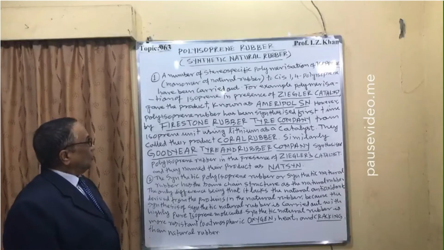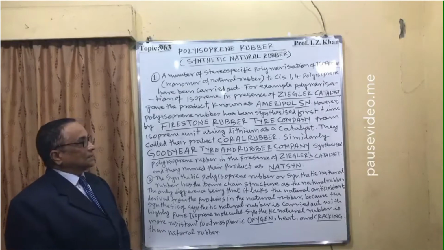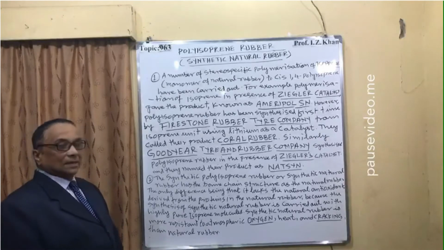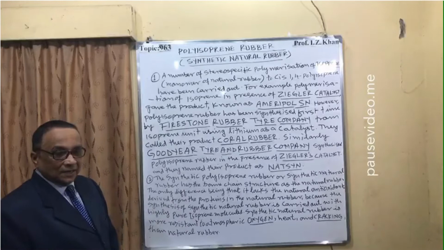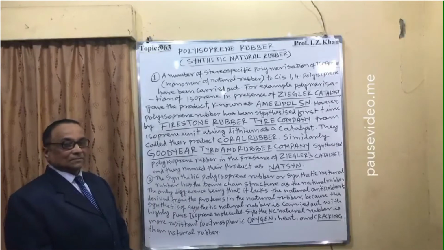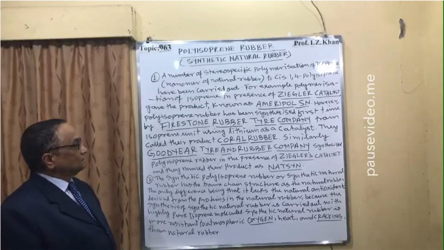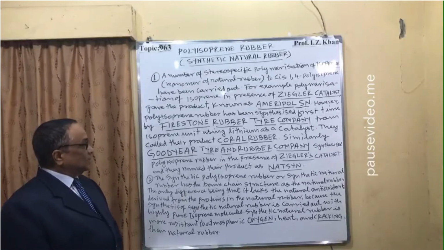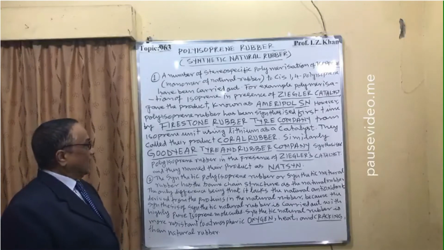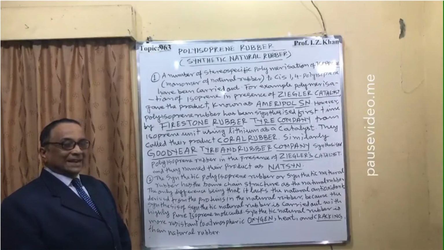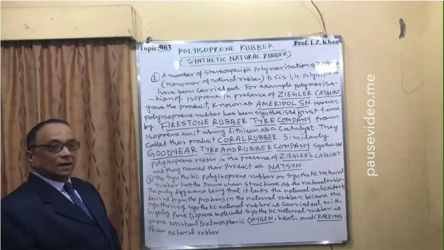However, polyisoprene rubber was synthesized for the first time by Firestone Rubber Tire Company, from isoprene units using lithium as catalyst, and they named their product coral rubber.